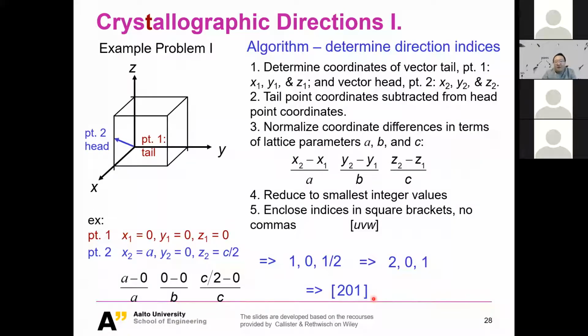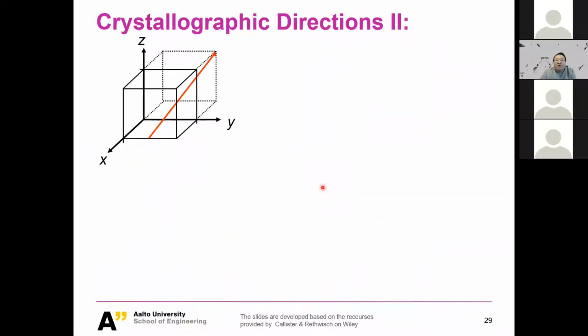If I say we need to find the direction [201], we're talking about this one. Why do we use this convention? Because Mr. Miller defined it first, and we call it the Miller indices. That is the crystallographic direction, so let's say the one-dimensional thing. You could do a little practice on your own to find out the Miller index of this direction.